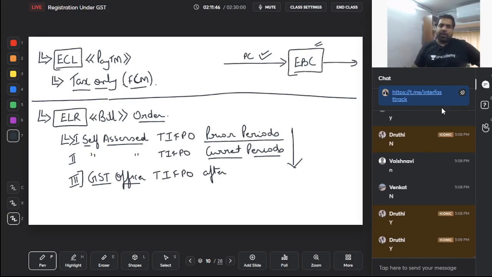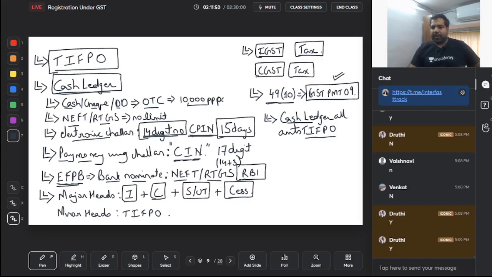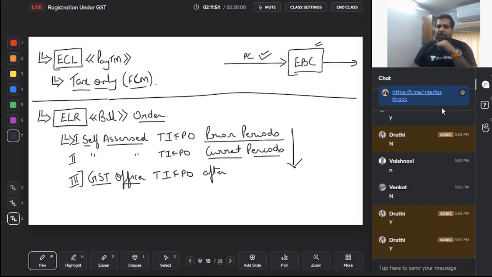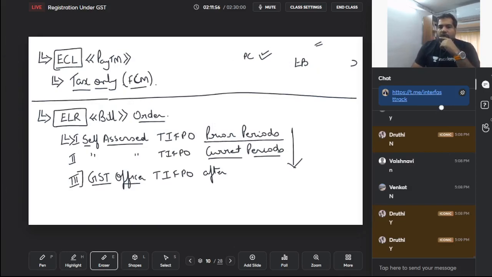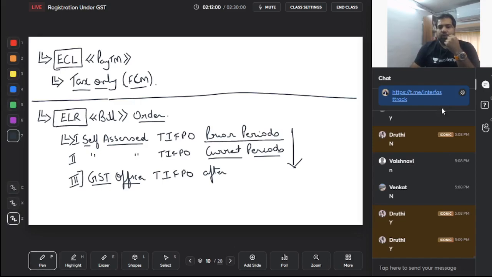Guys, everyone, check. The sections are not important here. The only section important is 49(10), which is moving money. I have a simple question, guys. You have IGST credit, CGST credit, and SGST credit: 10,000, 2,000 and 2,000.